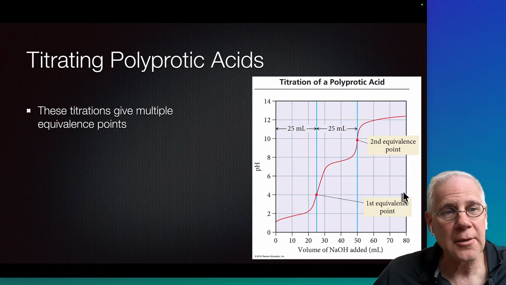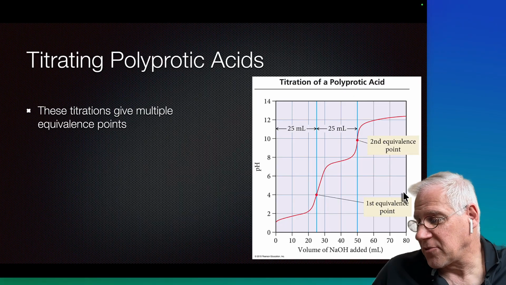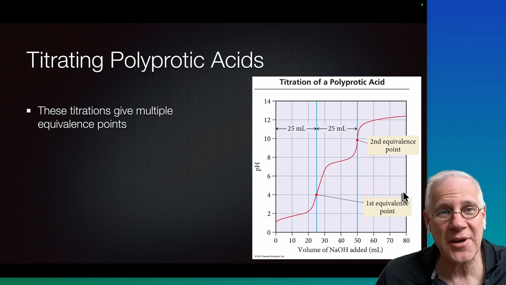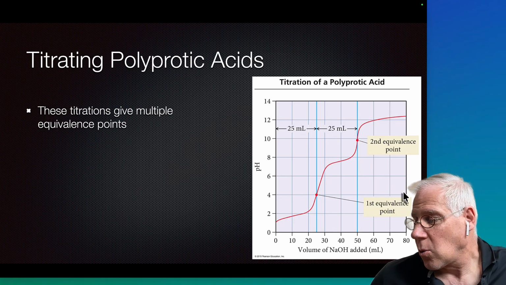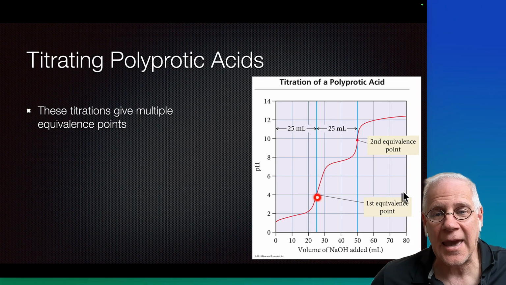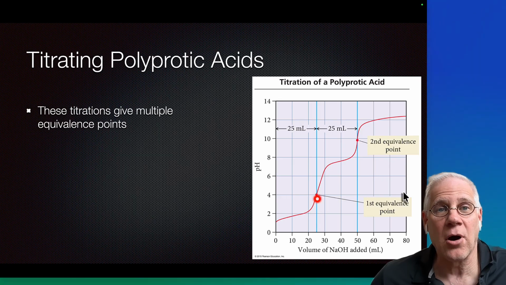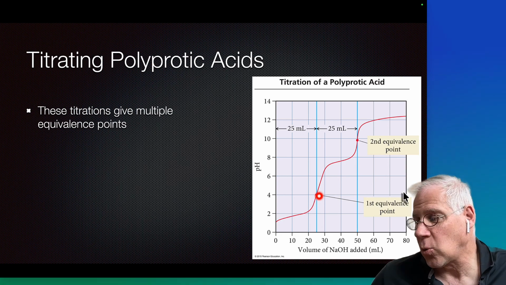Now, when we're titrating polyprotic acids, it becomes quite a bit more complex. Really what you have is two separate titrations taking place. While you're adding strong base to a weak acid that's polyprotic, you're first going to go through that Ka1, that first equivalence point. And that's going to occur at some pH based on the value of that Ka1.